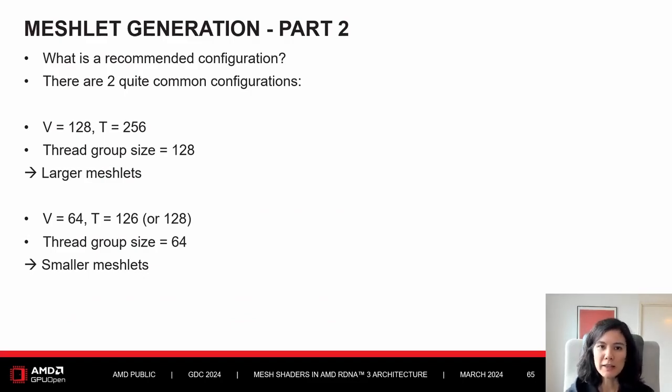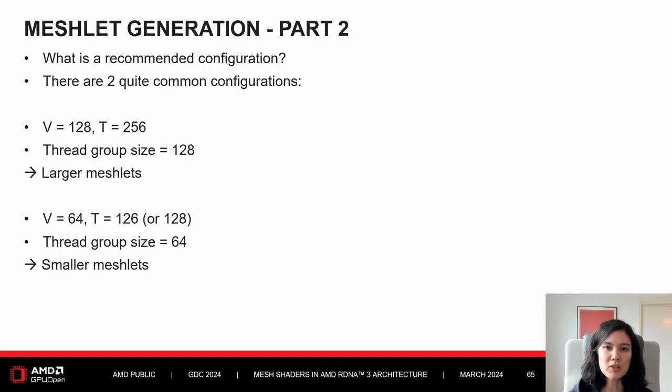We talked about export and how you should do it, but this actually also depends on your meshlet configuration. So which meshlet configuration do we recommend? Well, if you look on the internet for meshlet configurations, you will find two recommendations. One is that you have a meshlet with up to 128 vertices and up to 256 primitives with a thread group size of 128.